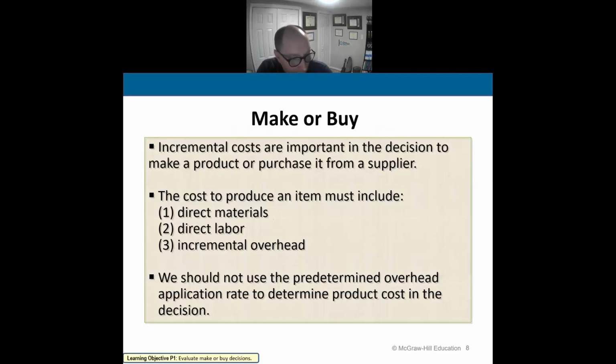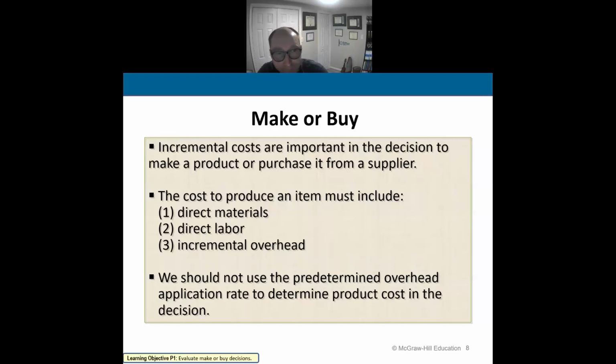If I have a business selling, let me think about this for a second. What am I selling? Let's say I am selling calculators. Okay, that's my business. I sell calculators. I also make calculators. Okay, let's say I'm Texas Instruments. I make and sell calculators.